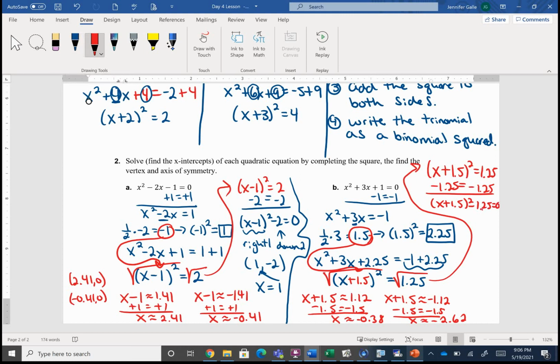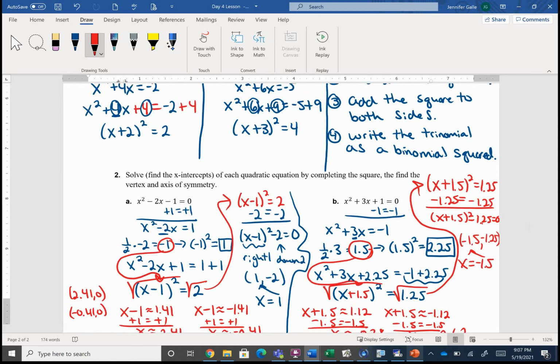Adding 1.5 inside the parentheses is going to cause us to go left 1.5. And then minus 1.25 is going to cause us to go down 1.25. Axis of symmetry, same value that x is at your vertex.